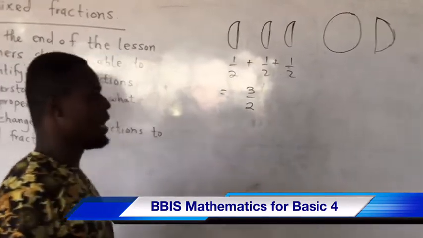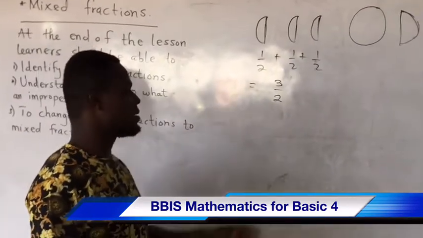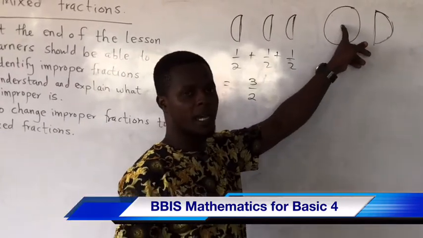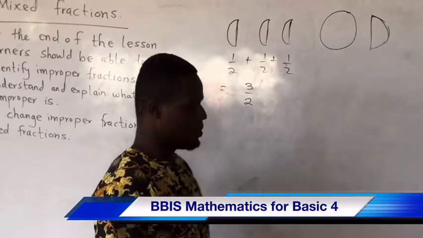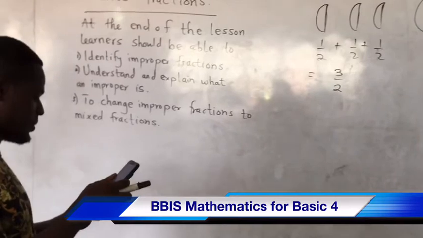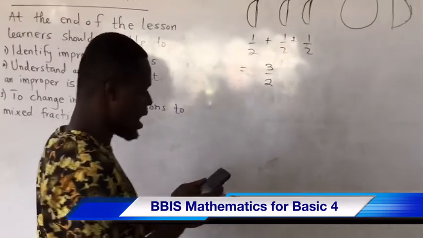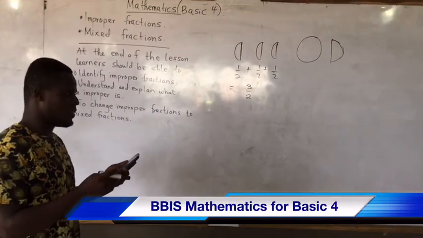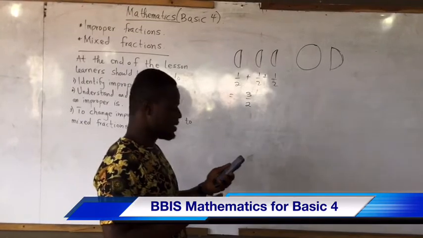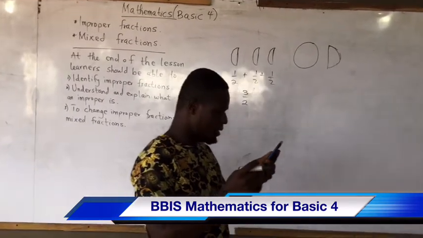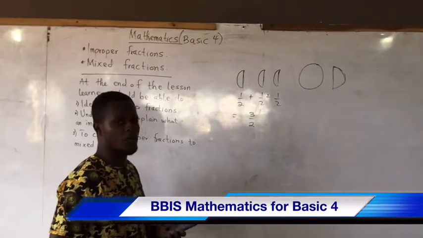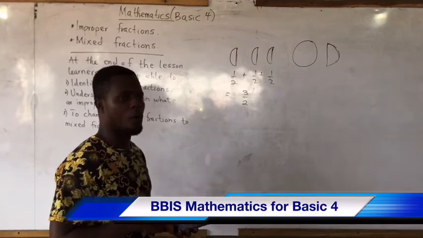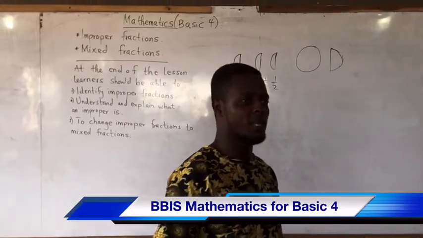Examples of improper fractions are 9 divided by 3, 3 divided by 2, 7 divided by 4, and 5 divided by 3. When we look at all these examples, the numerators are more or larger than the denominators.